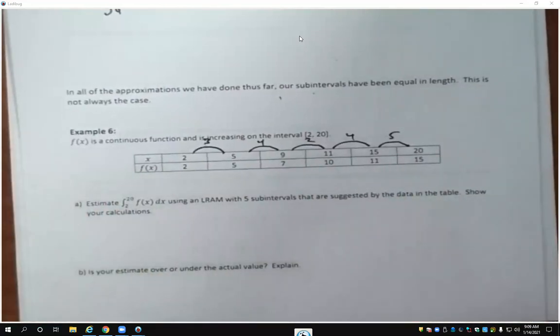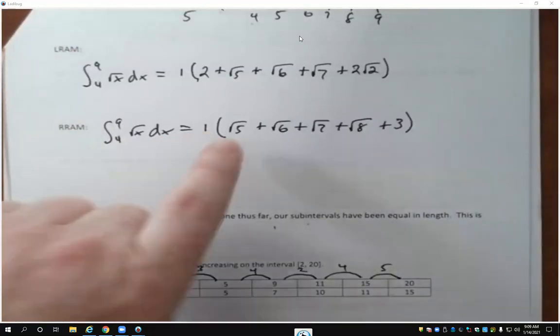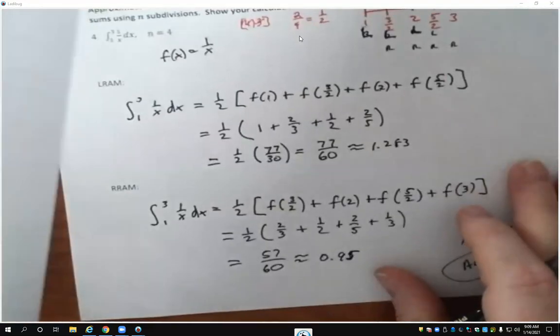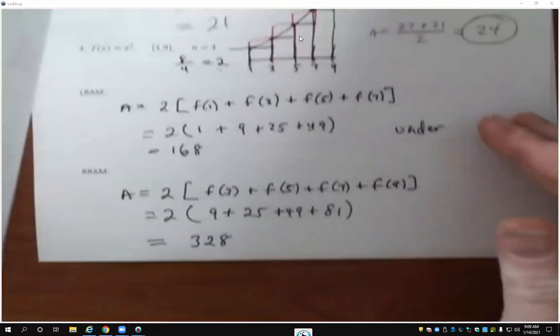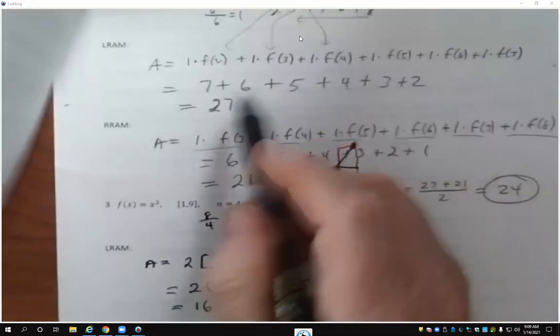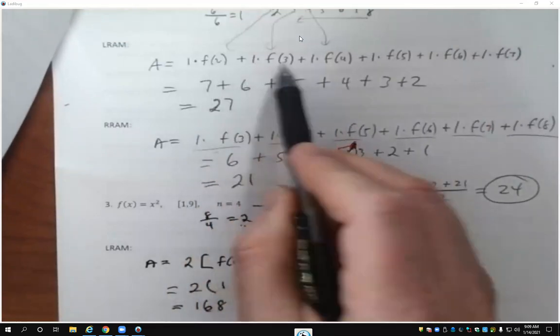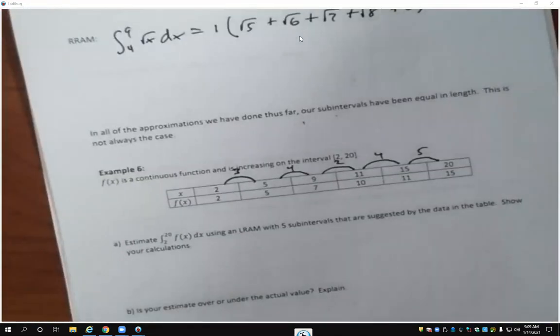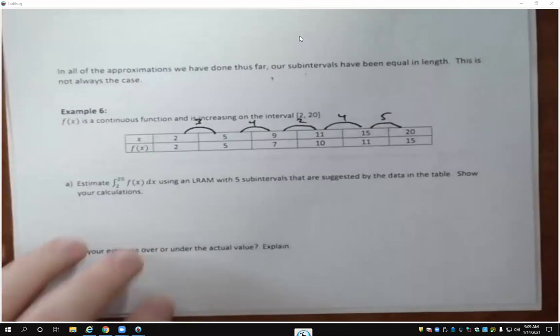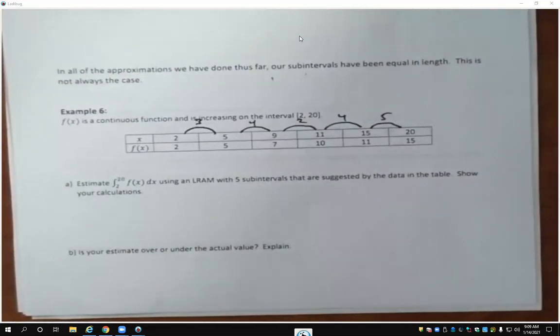So I can no longer factor out the base and then just add them all up and multiply, like when we just put the half out there. The way we wrote this one out, where we wrote 1 times, 1 times, 1 times, this number right here is going to be different every single time when you're given a table. So the base of your rectangles will be different. It doesn't really hurt us in any way, but we do that.